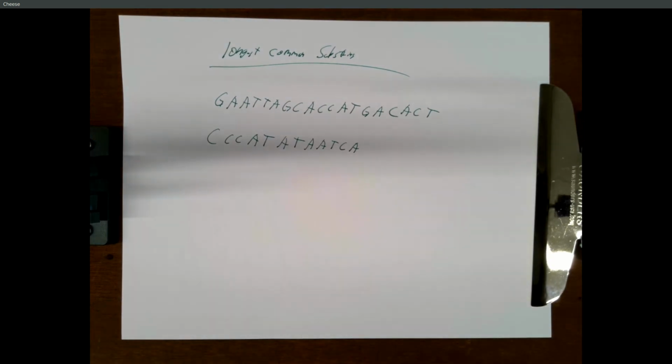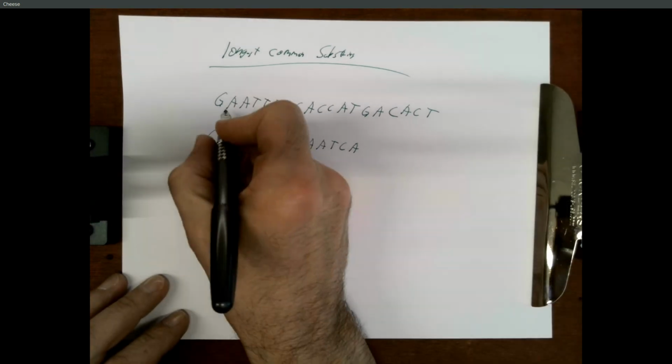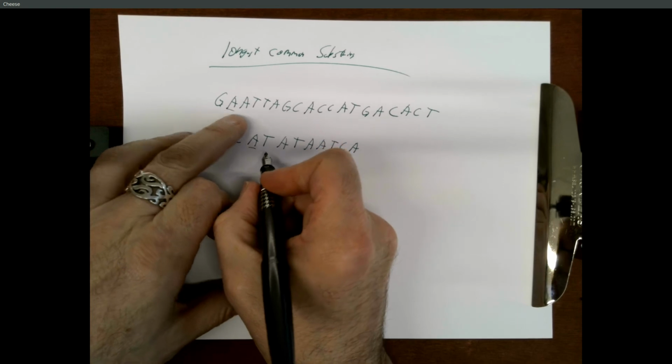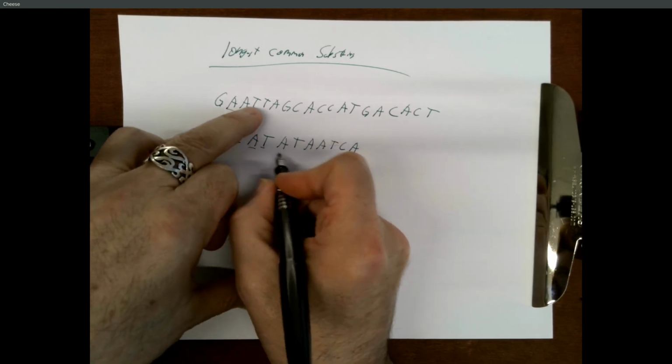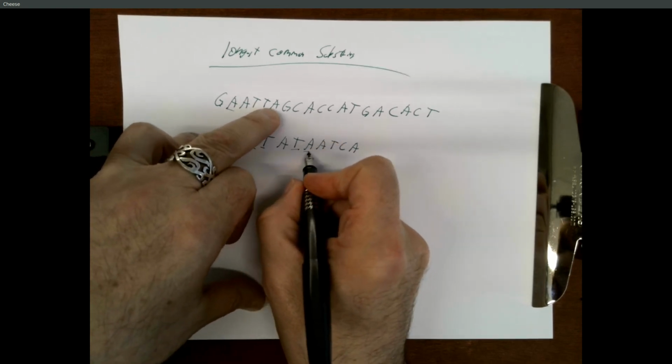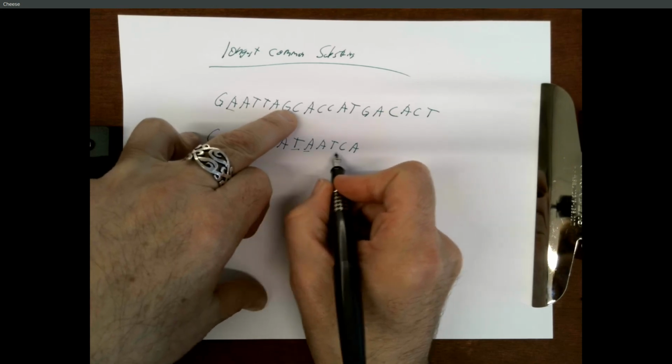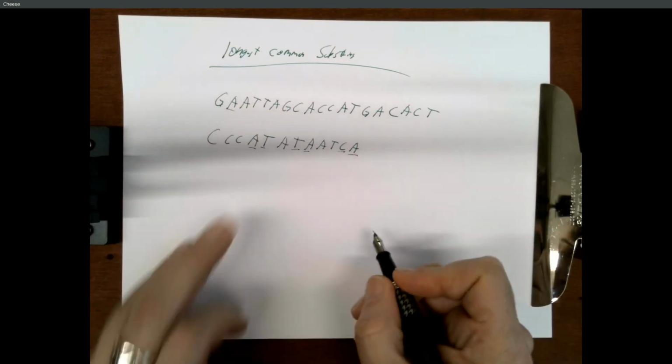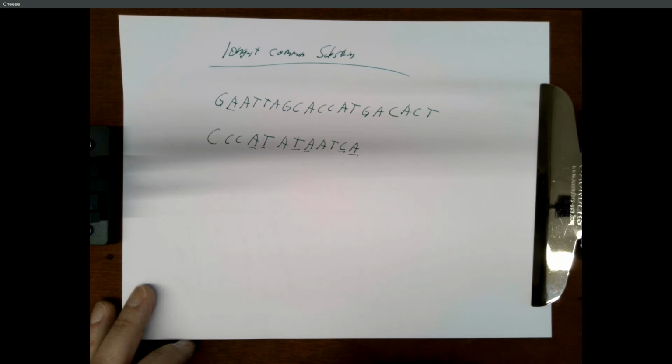For example, this A and this A are in common. This T and this T are in common. This T and this T, this A, this C and this A. So there's a sequence of 6 characters that are common between these.